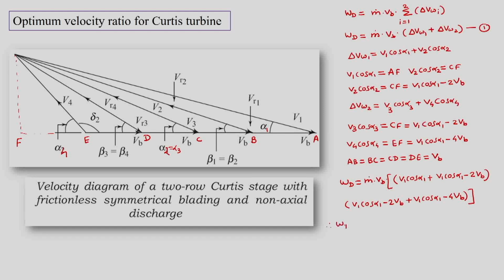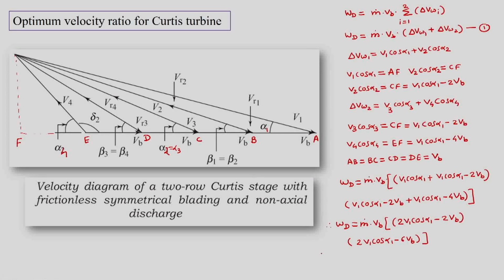So we have WD is equal to m dot into VB, and then for the first stage twice V1 cos alpha 1 minus twice VB, and for second stage twice V1 cos alpha 1 minus 6 VB.